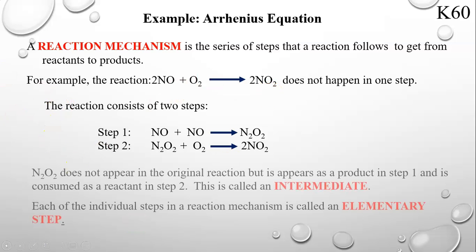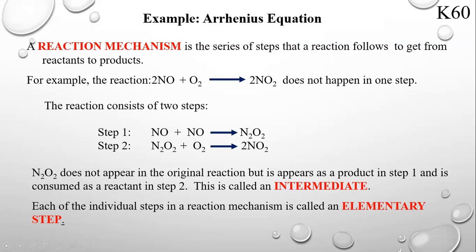Okay? So N2O2 does not appear in the original reaction, but it appears as a product in step 1 and is consumed as a reactant in step 2. That's called an intermediate. So you're actually making a substance in the middle of this reaction that gets produced in step 1, and then it totally gets used up in step 2.